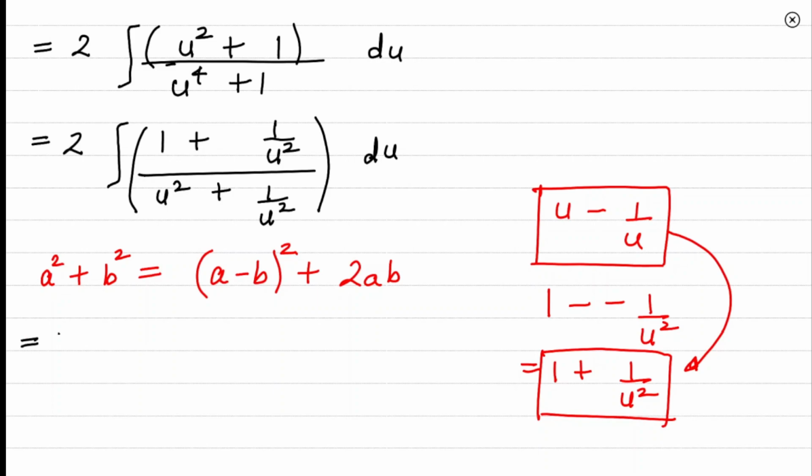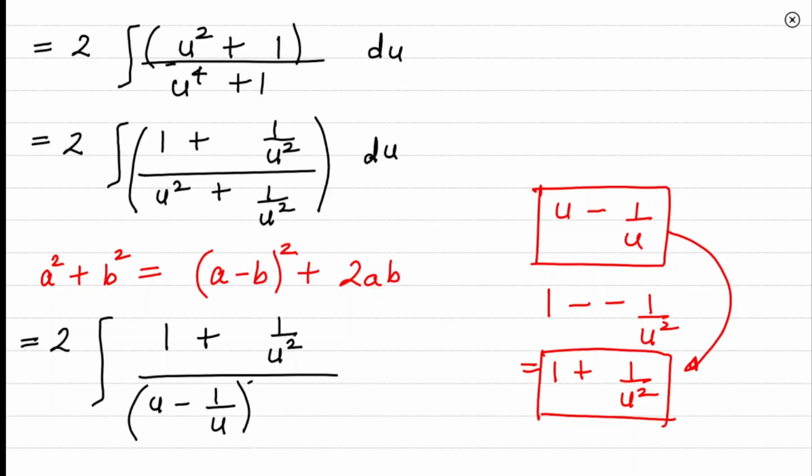So we have 2 times integral of 1 plus 1 over u square divided by, so here we can apply a square plus b square. So we have a minus b the whole square. So u minus 1 by u the whole square. You see how we were able to generate that u minus 1 by u plus 2ab. So plus 2 times u times 1 by u.